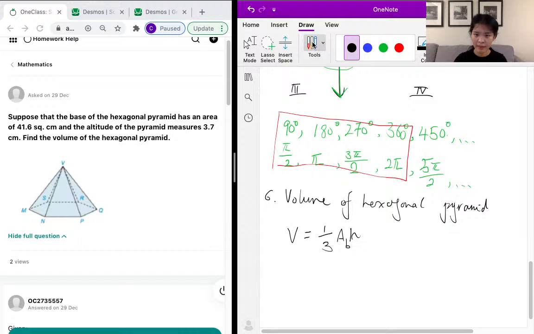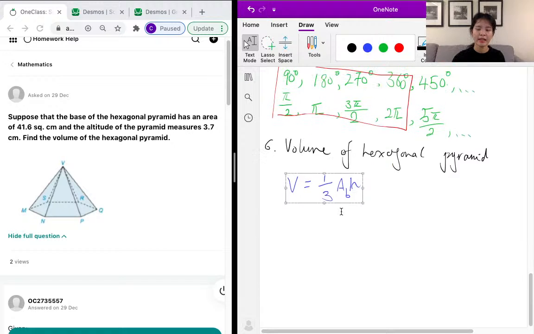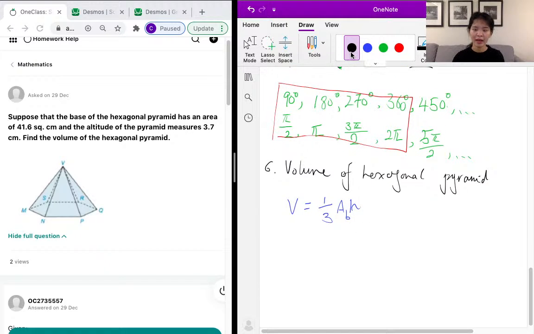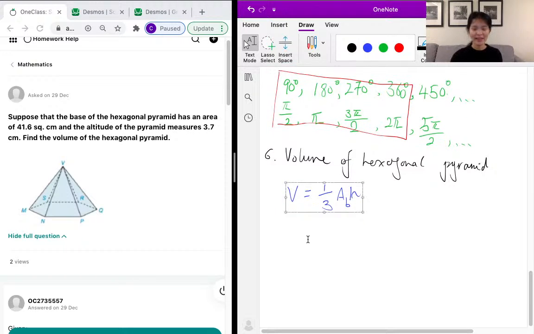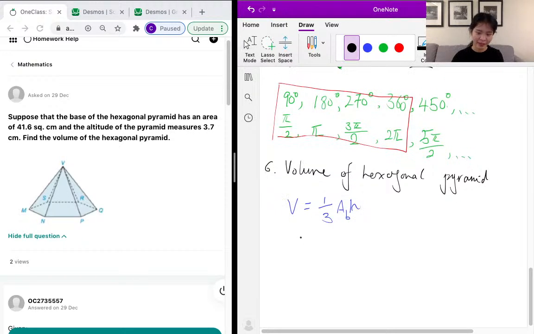Let me put this formula in another color so you can see it easily. Cool. And this is the formula for the volume of a hexagonal pyramid, or just a pyramid in general.